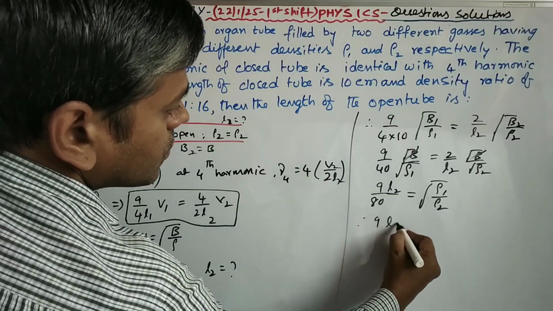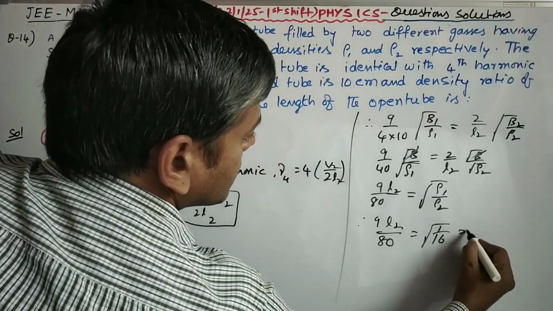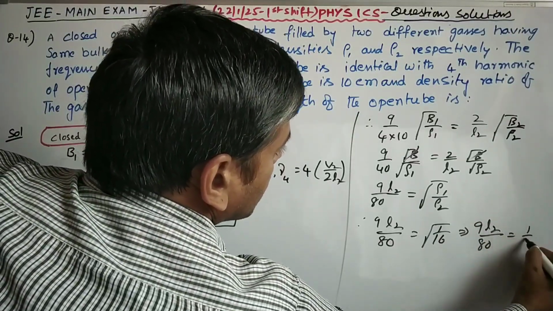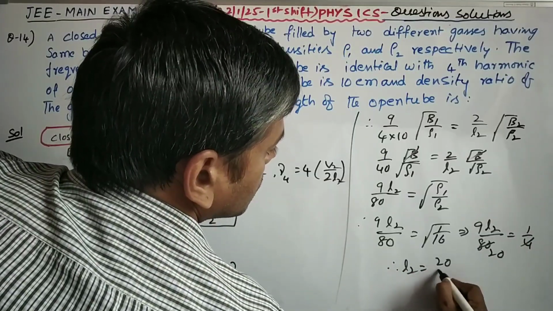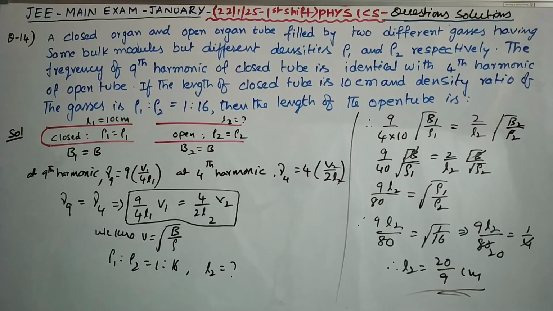Therefore 9 into L2 by 80 is equal to root of 1 by 16, which implies 9L2 by 80 is equal to 1 by 4. Four twenties are 80, so 20. Therefore L2 is equal to 20 by 9 centimeter. That's it.